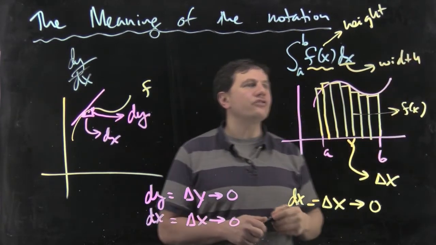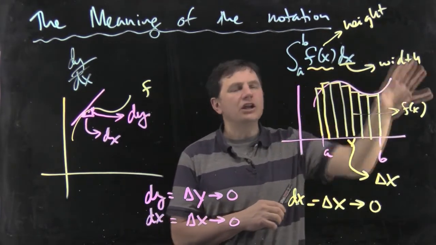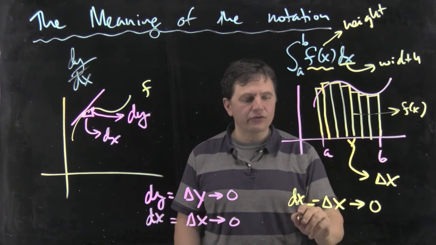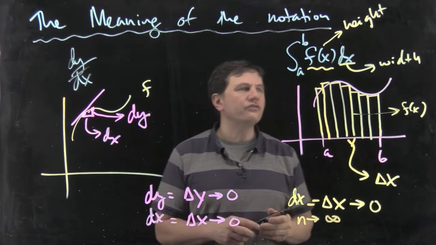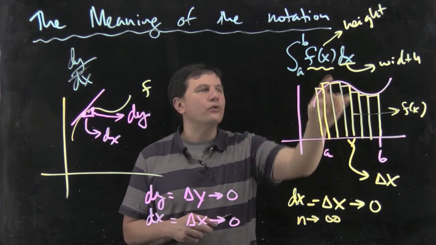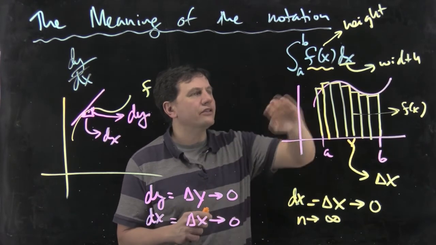The one thing we have to understand about this is that we're actually going to slice this up an infinite number of times. So the number of rectangles, call it n, is going to infinity. Each one of these infinitely thin rectangles will have a height of f of x based on this curve.